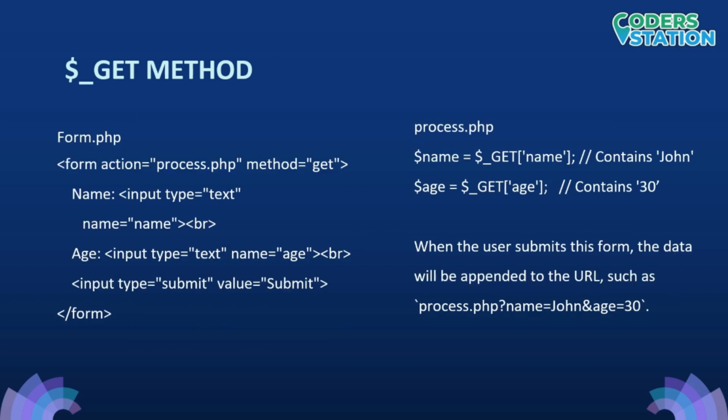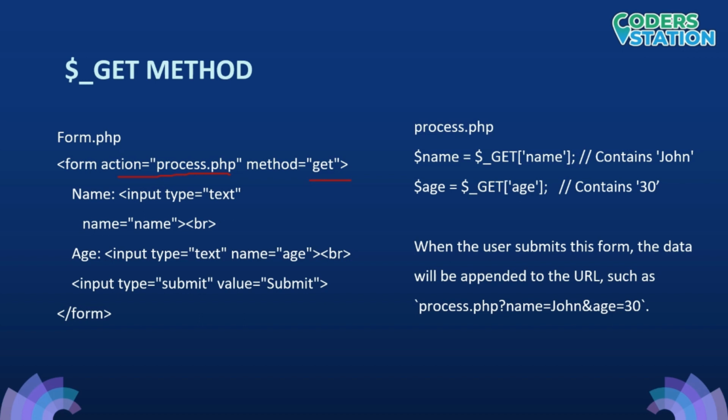So here you can see there is a form.php, a simple form, which is taking name and age as the input, and this action parameter. This action parameter is where, when we click on submit, the further process is going to happen, and the method we are using is the GET method.